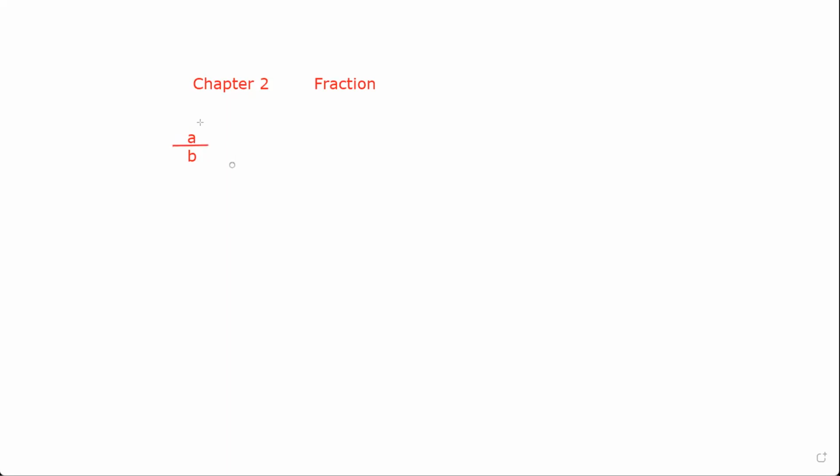So a small line between a and b, a number written in the form a upon b, where a is called the numerator. I'll just write down the spelling of numerator. Okay. A is called numerator.